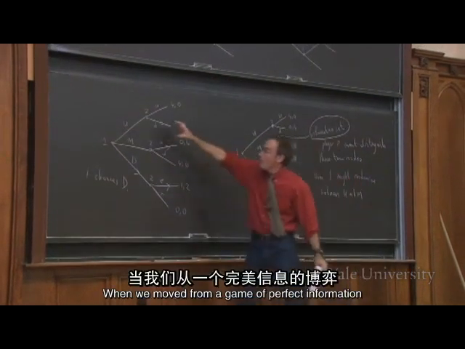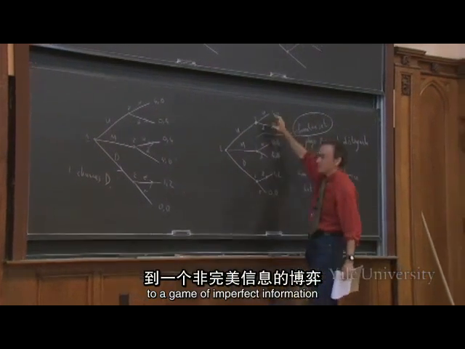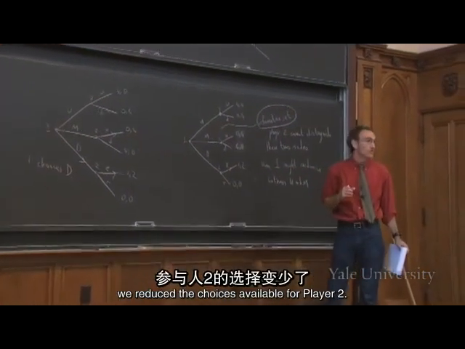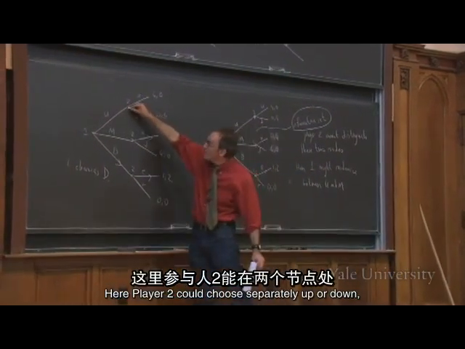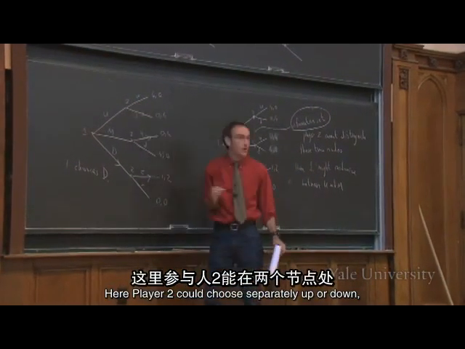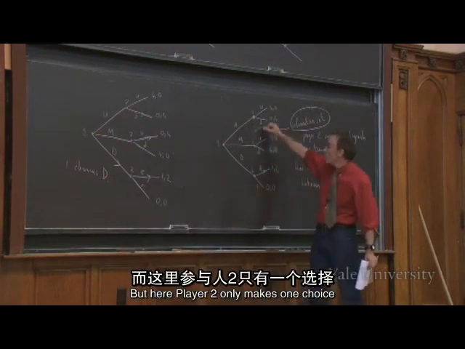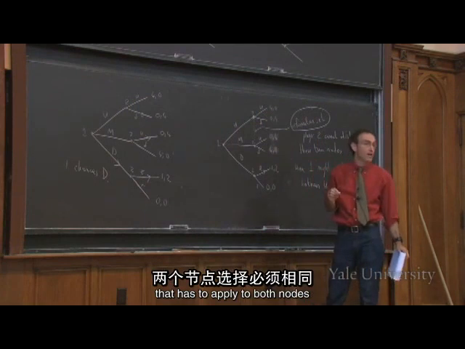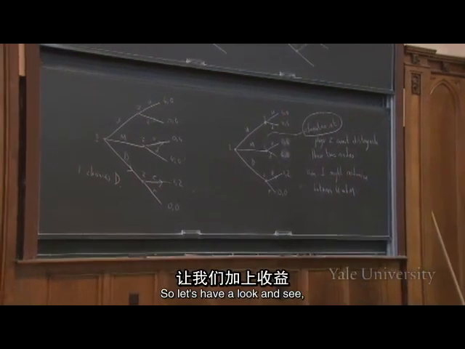When we moved from a game of perfect information to a game of imperfect information, we reduced the choices available for player 2. Here, player 2 could choose separately up or down at these two different nodes, but here, player 2 only makes one choice that has to apply to both nodes, because player 2 cannot distinguish those two nodes.